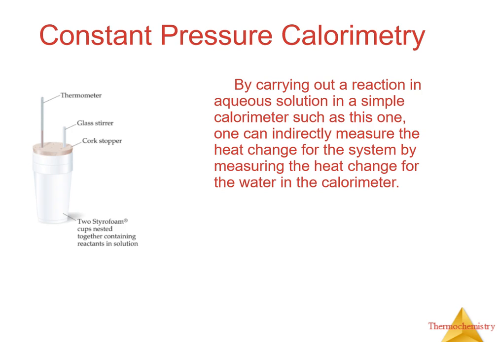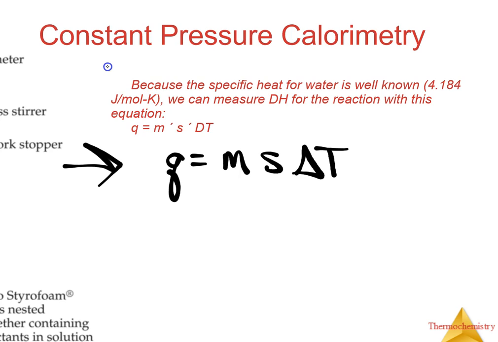This is called constant pressure calorimetry because there's nothing to increase the pressure here. And yes, there's a cork stopper on the top, but there's at least 2 holes in it, right? This thing will vent and it will maintain room pressure the entire time the reaction's happening.